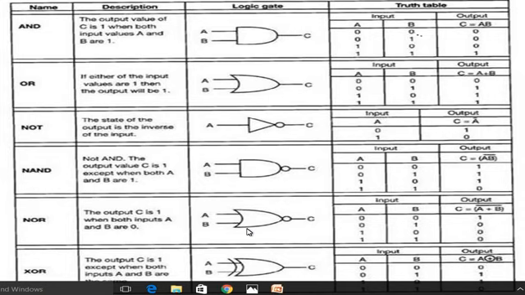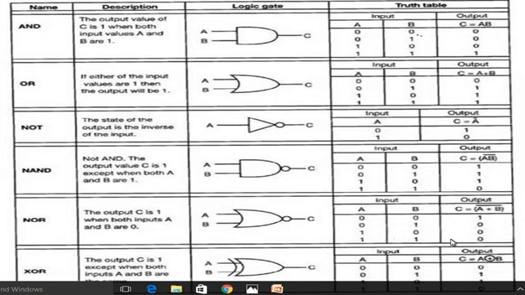And what is the logic for NOR gate? The output C is 1 when both the inputs A and B are 0. See, both the inputs A and B are 0, output will be 1. Otherwise, for the 0 1, 1 0, 1 1 combinations of input, output will be 0.